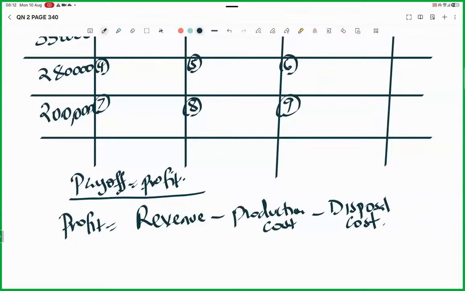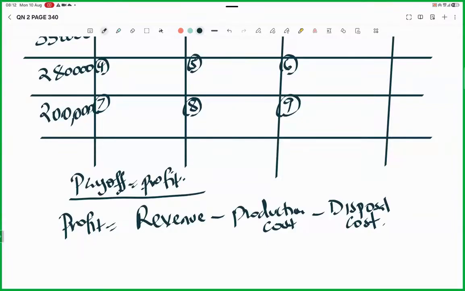That's how we get profit. And as an accountant, calculating profit will not be a big thing because this is what we do in our workplaces every day. So revenue minus production cost, minus disposal cost.